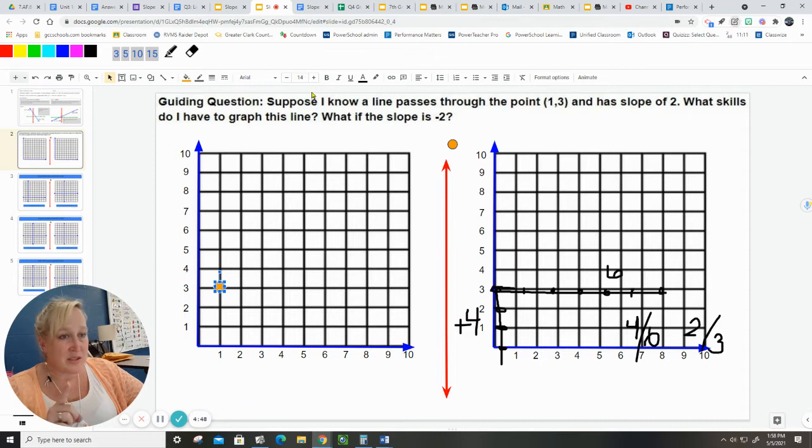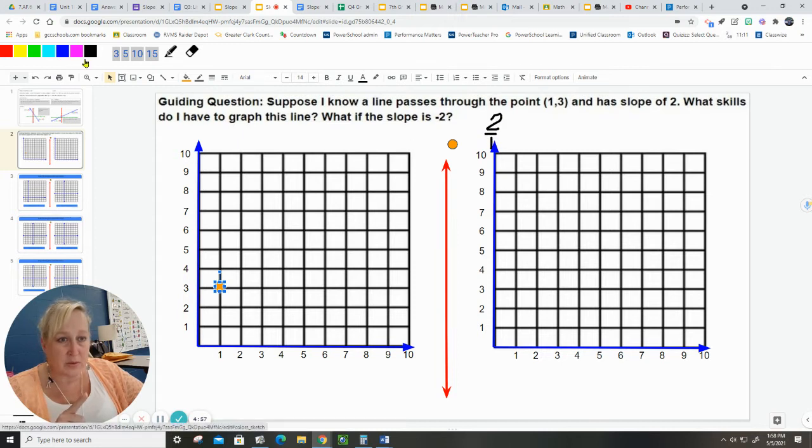And so my mental note is going to be that the slope is 2 over 1. You probably didn't see me write that. Slope is 2 over 1. So my slope in my head is going to go 2 up, over 1.